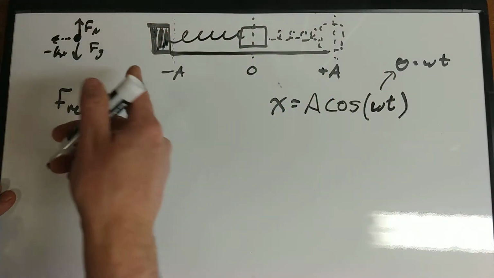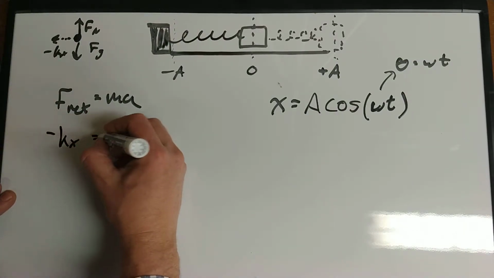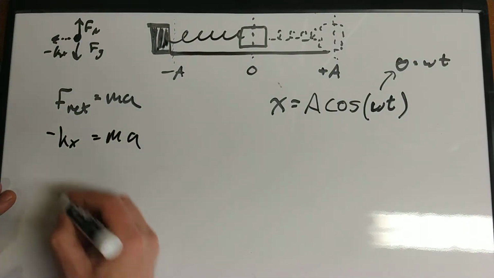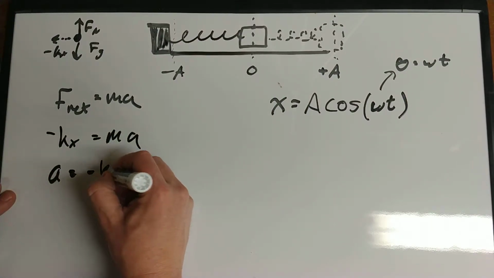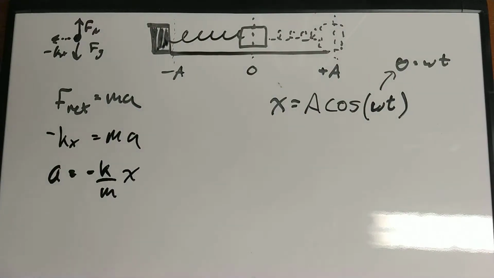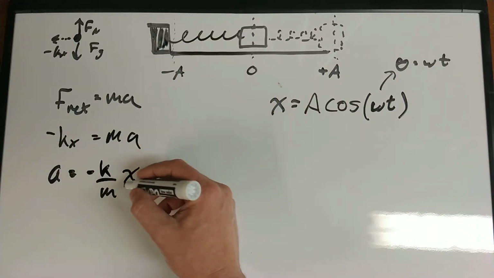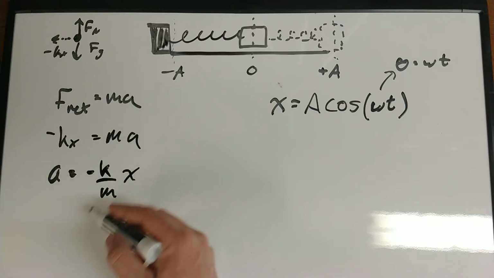When it's to the left of the equilibrium position, the force is positive. So negative kx equals ma. A equals negative k over m times our position. Cool. Now there's our position function, and this is our acceleration function.